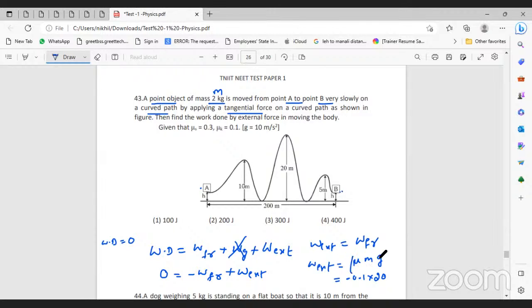Mu mg is the force, into displacement. What is the displacement we got? 200 meter. So on simplification, this is found to be 400 joule. So the work done against the frictional force and the external force is 400 joule.